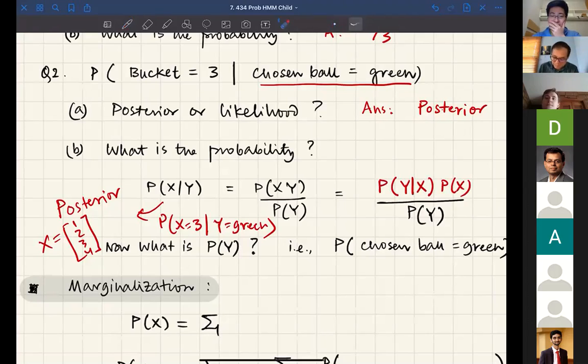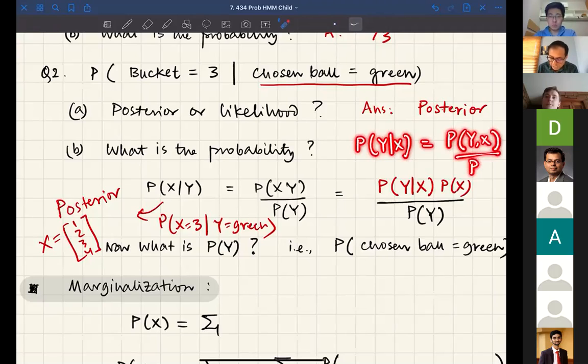Because if you apply Bayes rule on py given x, that is nothing but py comma x divided by px. So py comma x is the same as pxy.